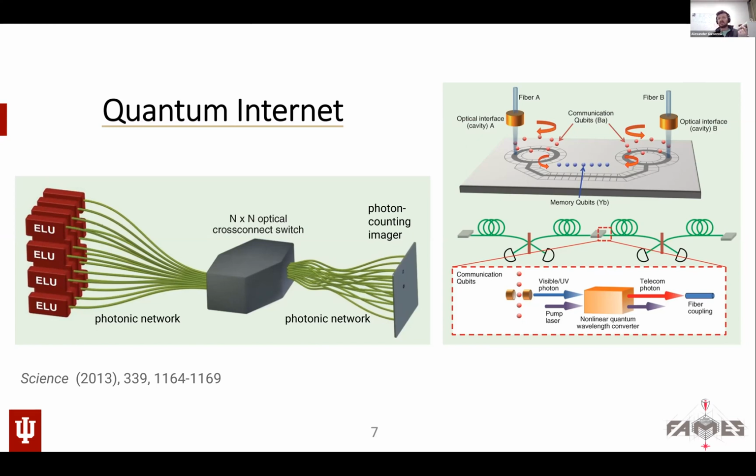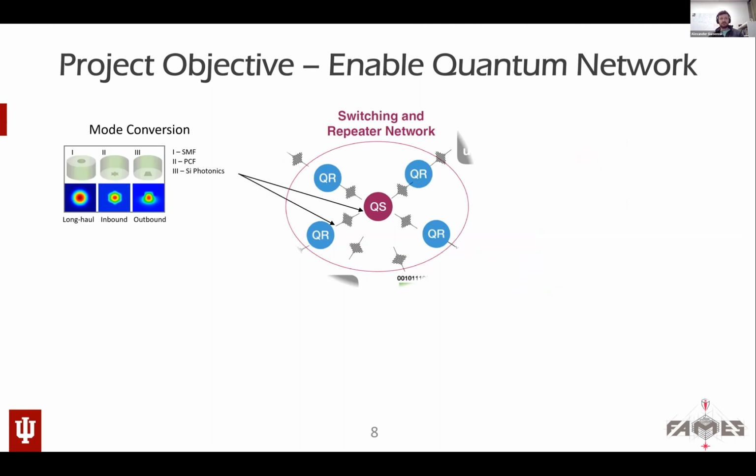You can't allow any losses. Okay, so for instance, if you look into what is required from those links in the quantum network, one of the things that you need to address is mode conversion.